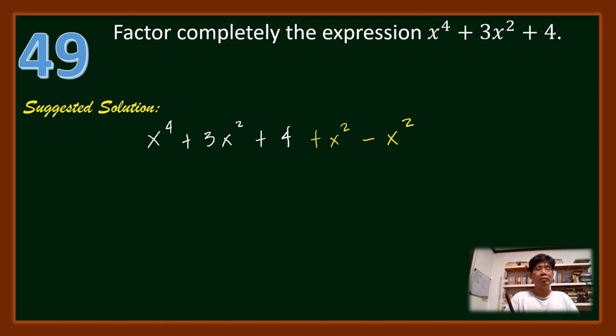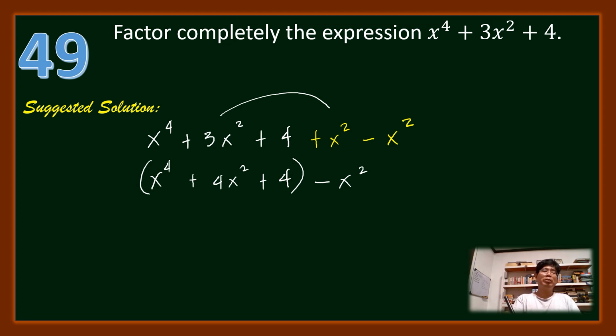But notice that we have formed a perfect square trinomial in x to the fourth plus 4x squared plus 4. Then we have minus x squared.